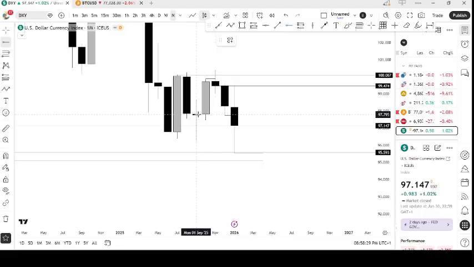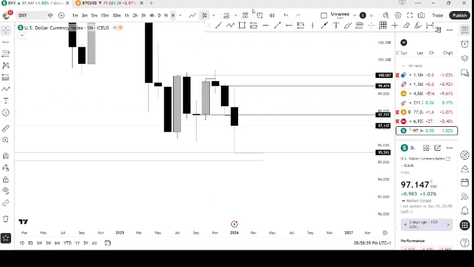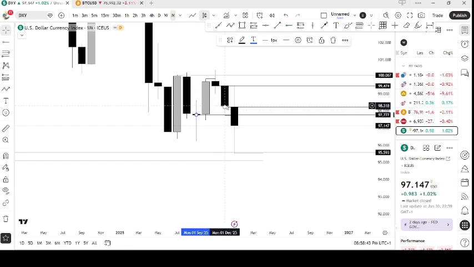We have this place, let me change my chart. We have this place, let's say the breaker block, and we also have this place here that price can pull back to.